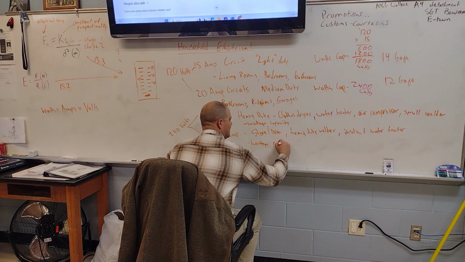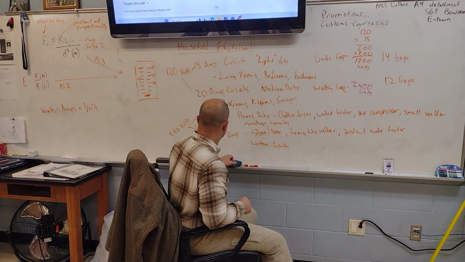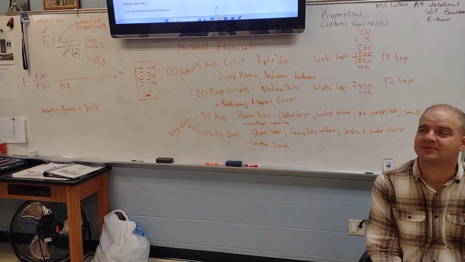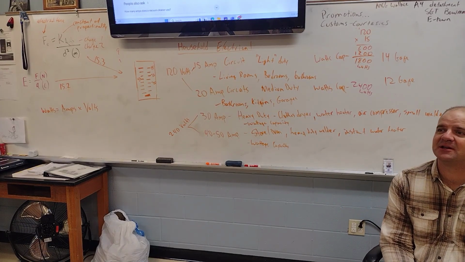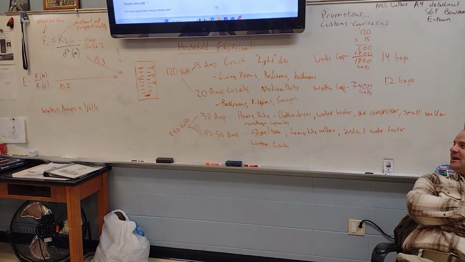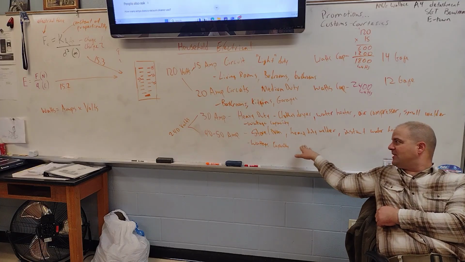So we've got double the voltage, and we have higher amps in the lines. Go ahead and do those. I'll give you a minute, and I'll ask for those numbers. So you have 240 volts times 30 amps, and 240 volts times, we'll do 50 amps.